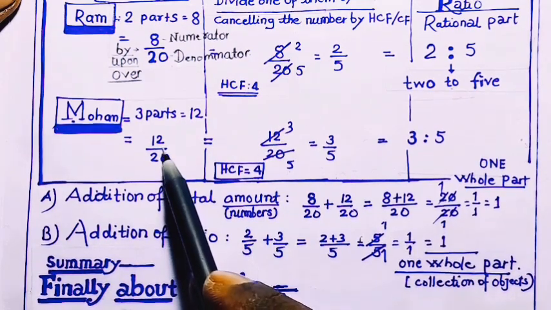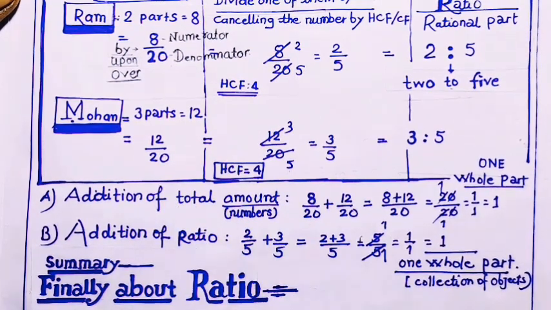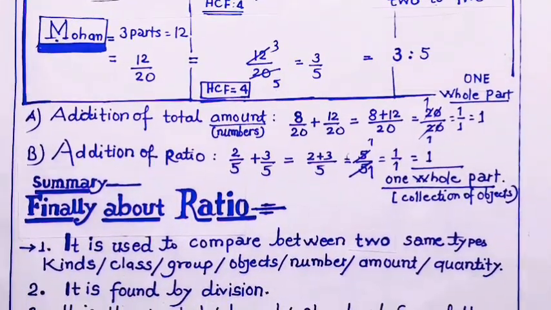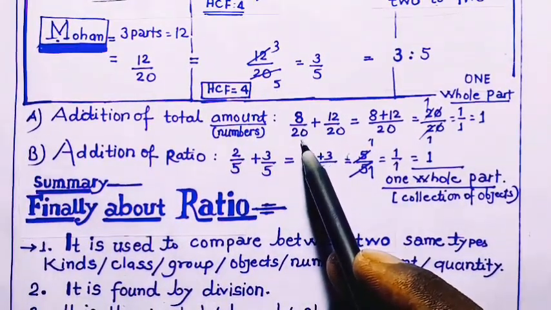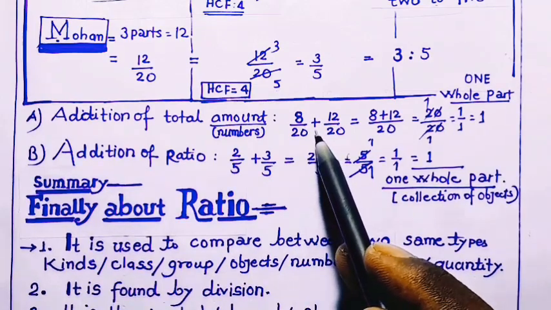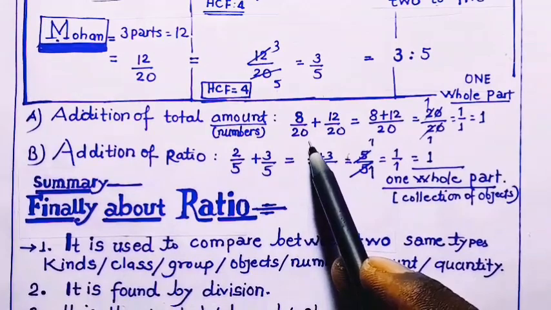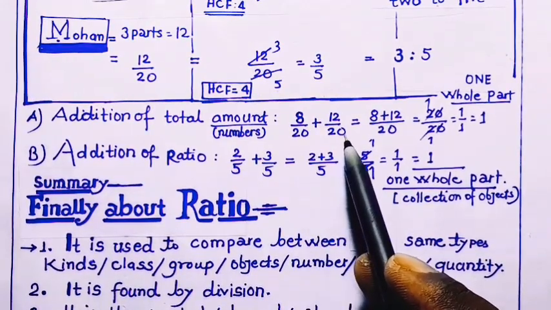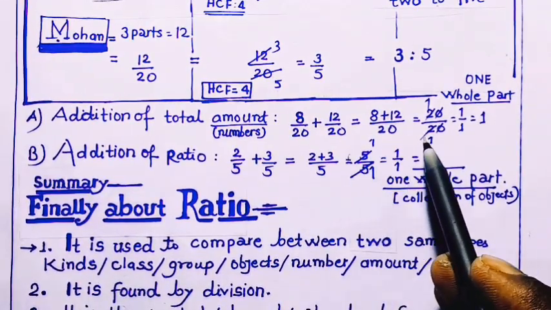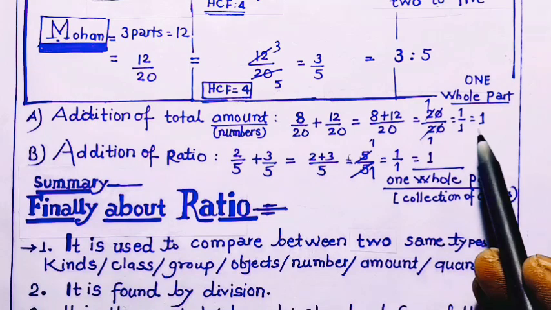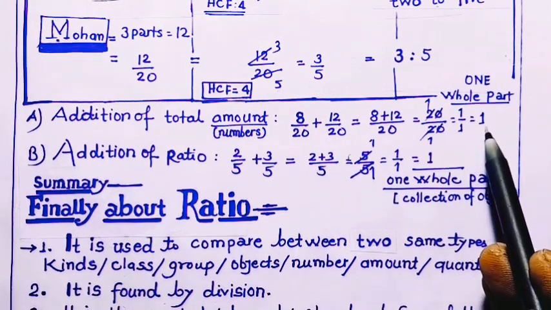So these two numbers will be written here: 8 by 20 plus 12 by 20, and when these numbers are added, the final result will be 1.